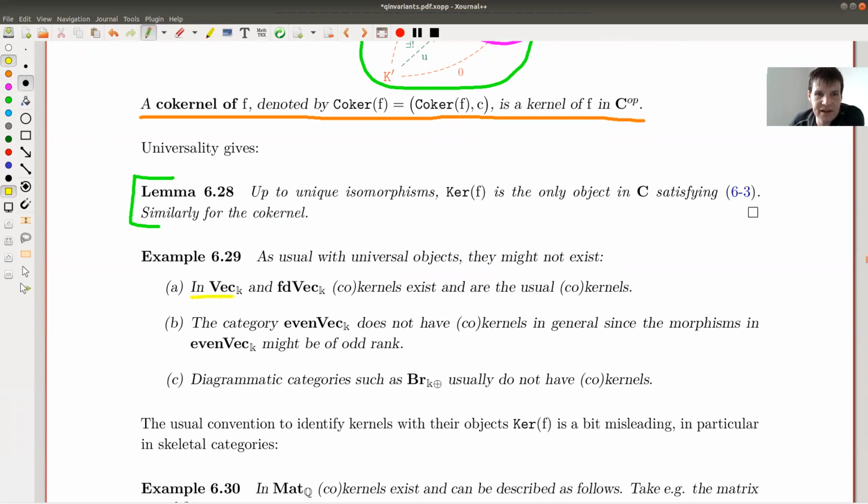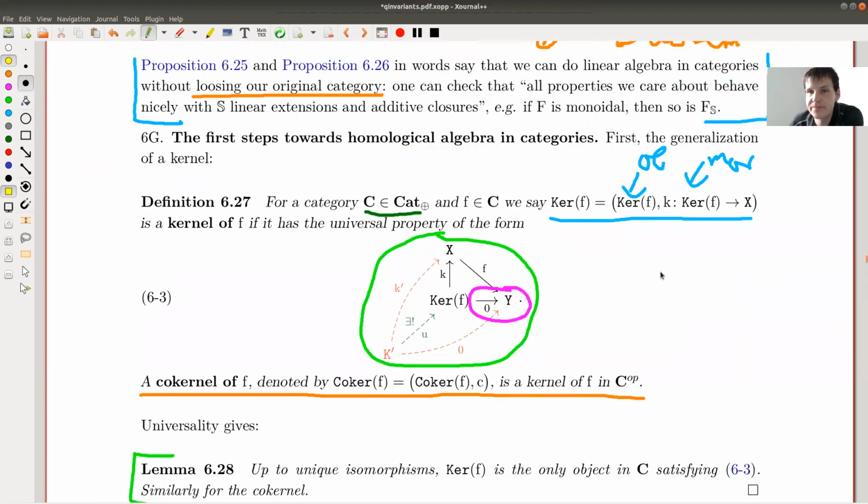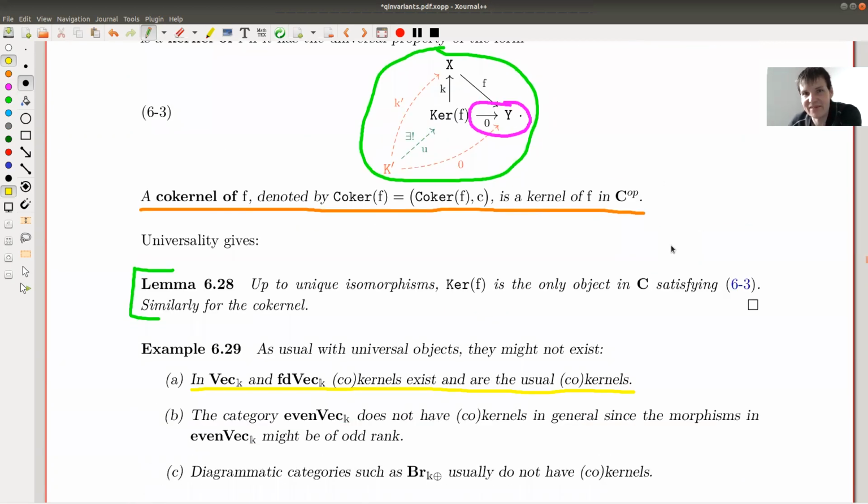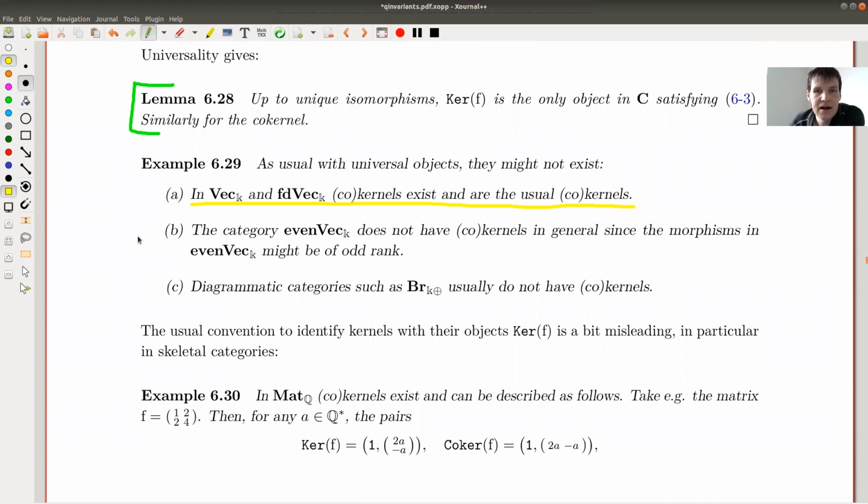Of course, in Vect, everything is fine, with the usual kernels and the usual co-kernels. I will make this very precise in a second for matrices. You might be wondering: a kernel of a morphism, how is that a pair of an object and a morphism? It is, just give me a sec. But basically almost nothing has kernels.